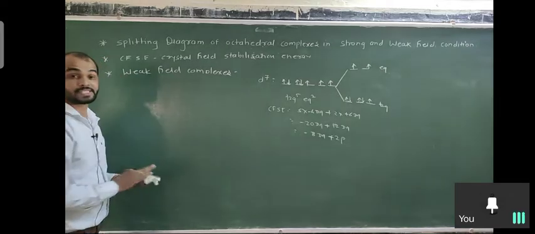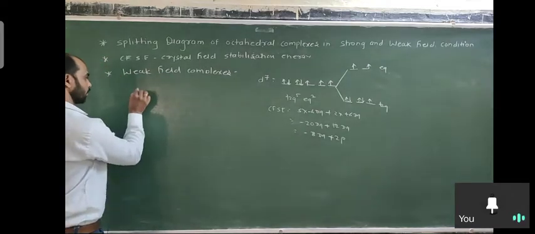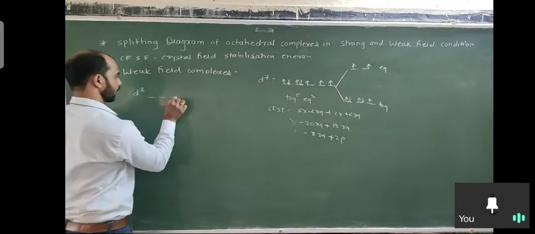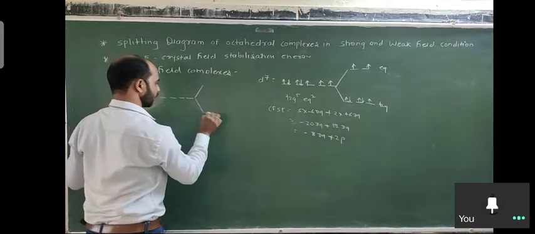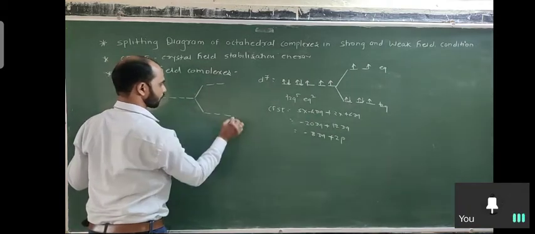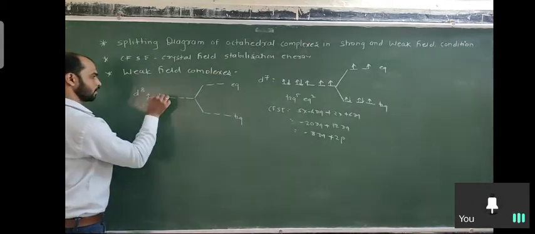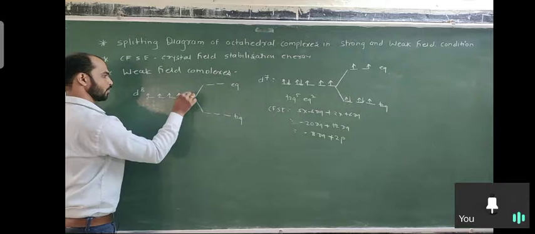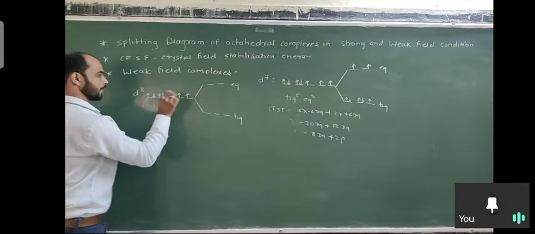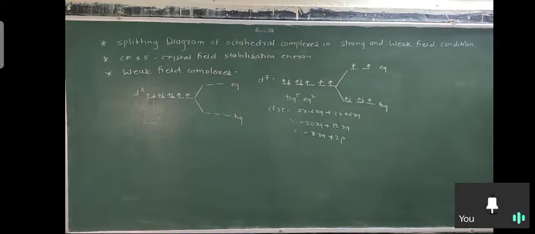And the last one we're going to discuss, D8. It also has the same in both conditions. How? Look at here: 1 2 3 4 5, 1 2 3, 1 2, T2G EG, 6 7 8.